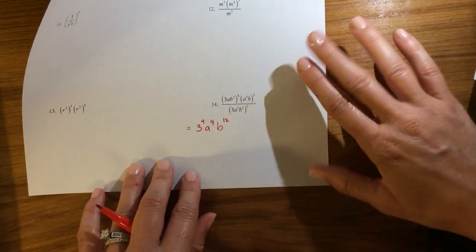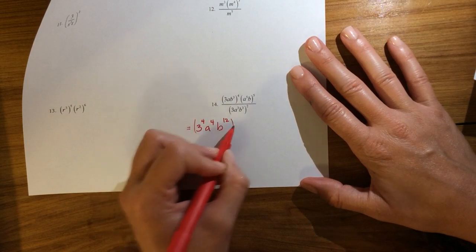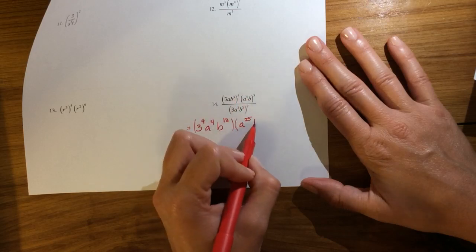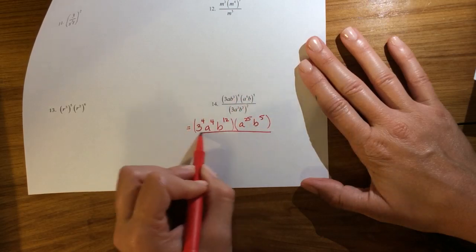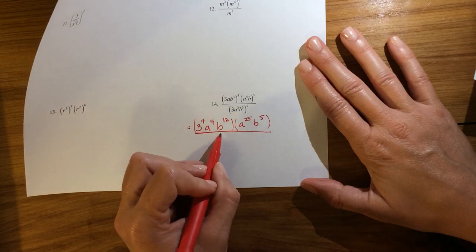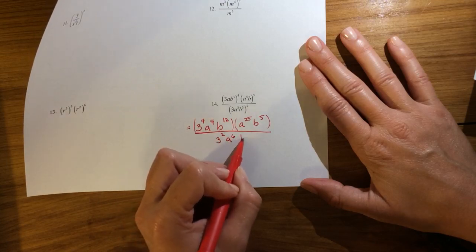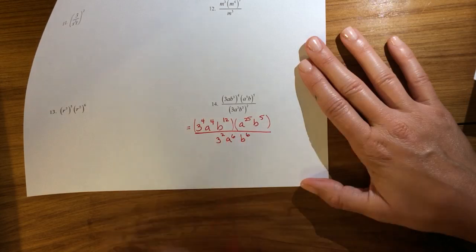Remember, because we're multiplying there. And then we've got a to the what? 25th, because that's 5 times 5. B to the 5th. All over 3 squared times a to the 6th, b to the 6th.